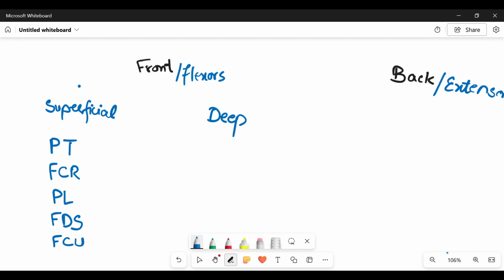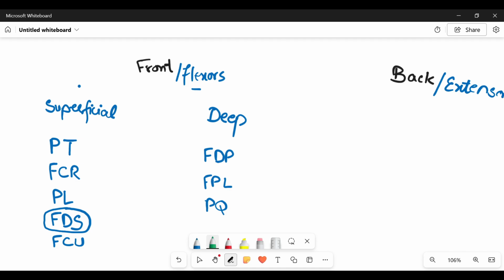Some books add flexor digitorum superficialis into the intermediate layer, but for our convenience we remember it in the superficial layer. Then we have the deep layer among the flexors. There are three muscles, which include the flexor digitorum profundus, flexor pollicis longus and pronator quadratus.